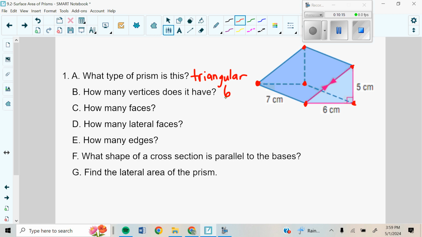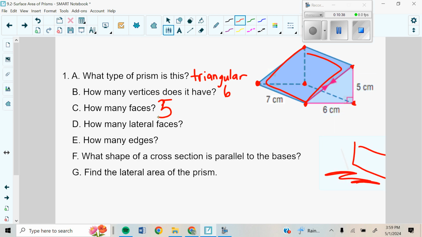How many faces? Now, this is talking about all of the faces, including bases. So we have our 2 triangle bases, and then we're going to have 3 on the side. So we have 1 for this side, 1 over here, and then this one on the bottom that it's sitting on. So we have 5 because we add in our 2 bases.